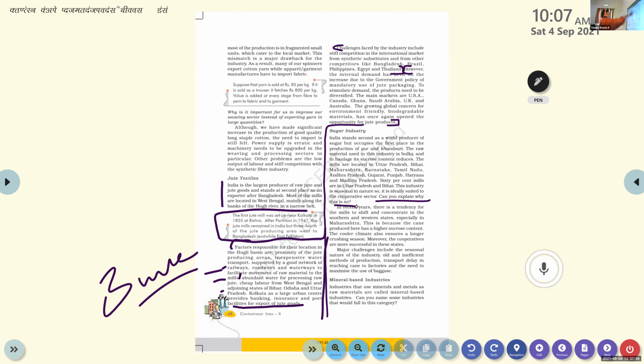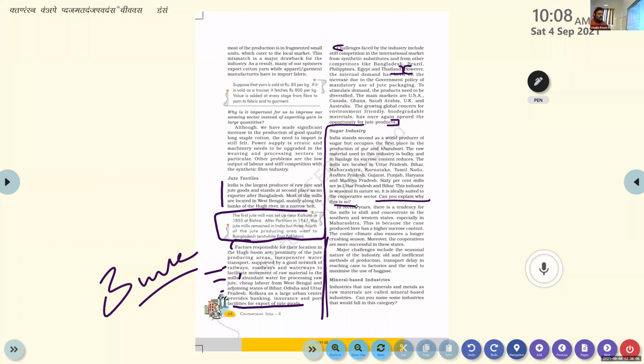No need to write the answer now. That's homework for you people. Find out the answer and write it. West Bengal, the banks of river Hooghly. Okay. Write down the question. What are the factors that are responsible for the concentration of jute mills in West Bengal? One question. Next question.